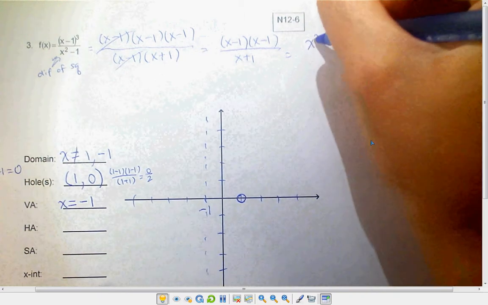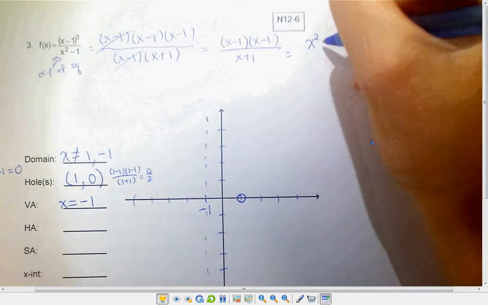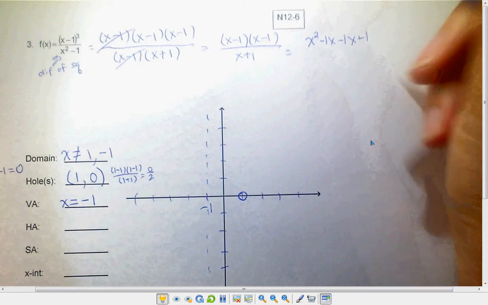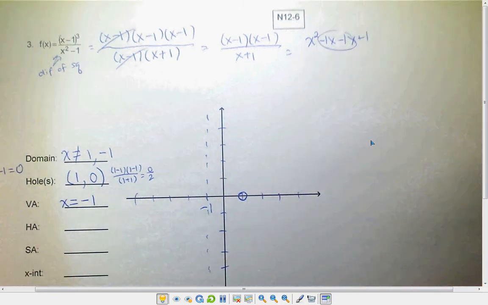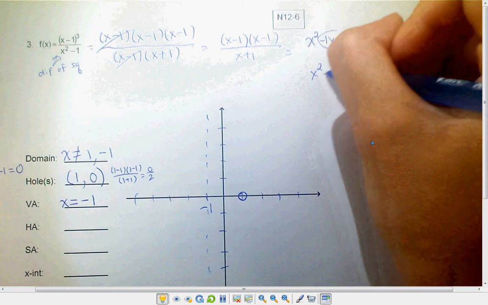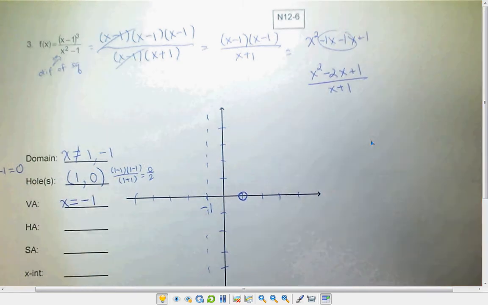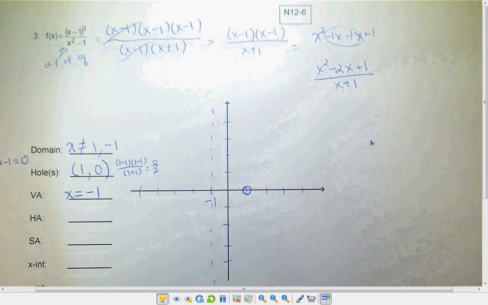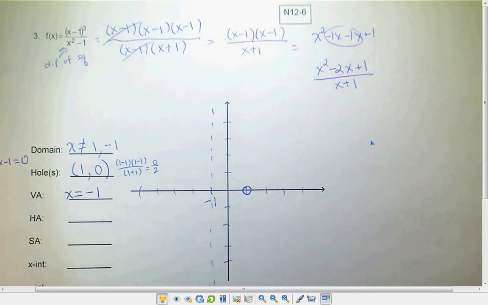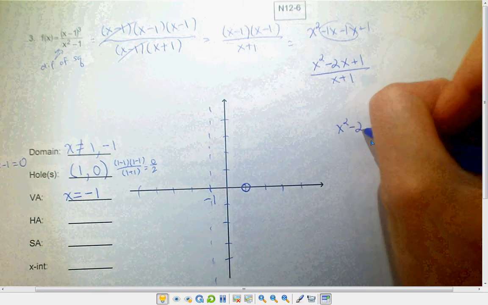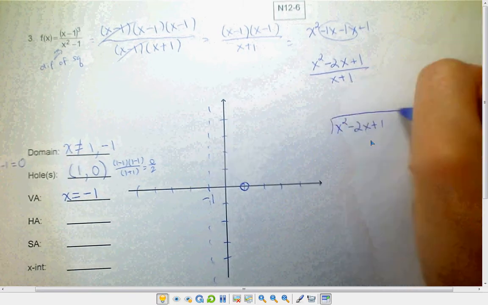This gives me x squared, x times x, minus 1x plus 1. Combine like terms, this gives me x squared minus 2x plus 1 over x plus 1. Alright, so I'm going to multiply this out because now I can use long division to figure out my asymptote.